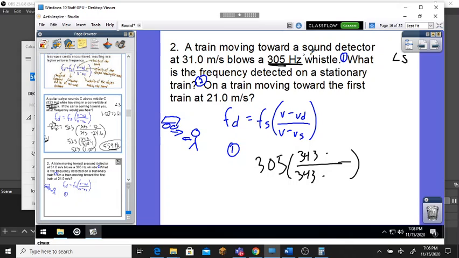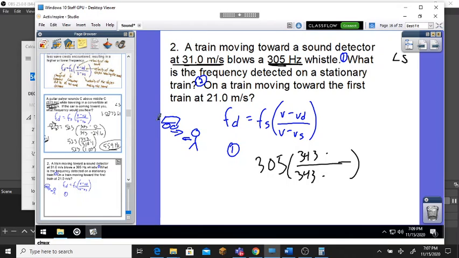A train is moving towards a sound detector at 31 meters per second. So now we need to determine where we plug this in, VD or VS? The train is what's moving, so it's kind of like the last problem.